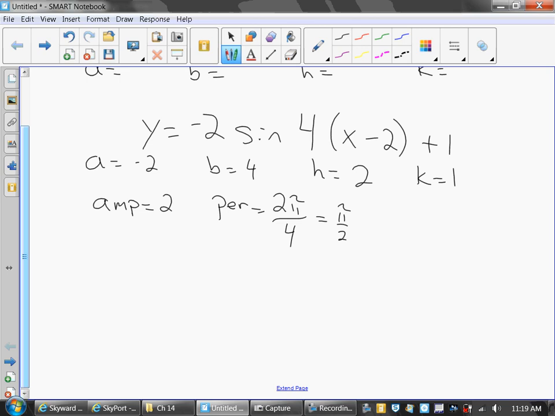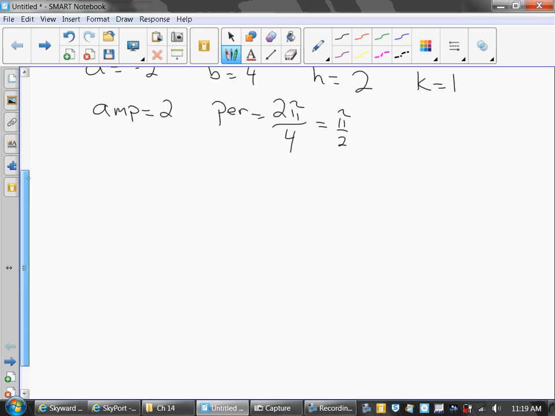Now, in this case, what we have to do is graph our parent function. I know that a lot of you are having problems when you have to go through your parent function in labeling all those breakpoints, all those critical values. If you're having issues with that, here's a real easy way to remember this.